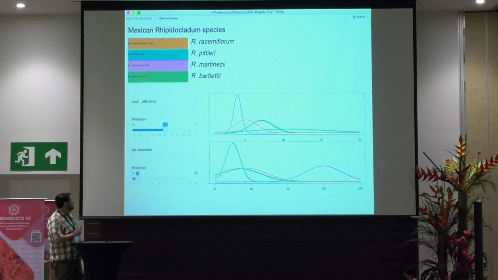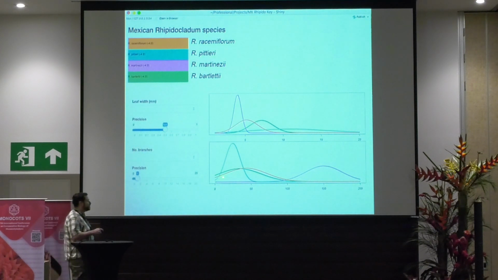I've chosen leaf width and the number of branches. So we've measured the specimens. We've generated our distribution functions for each of them. So the colors correspond. Pink is Martinezii, orange is racemiflorum, Pidieri is blue, and Bartlettii is green. And you can see how their character states are distributed for each of the characters.